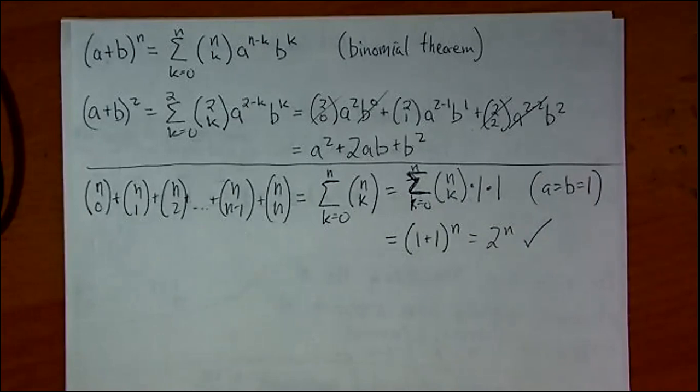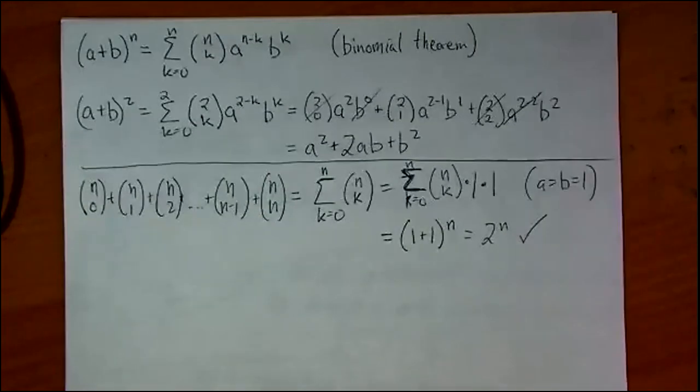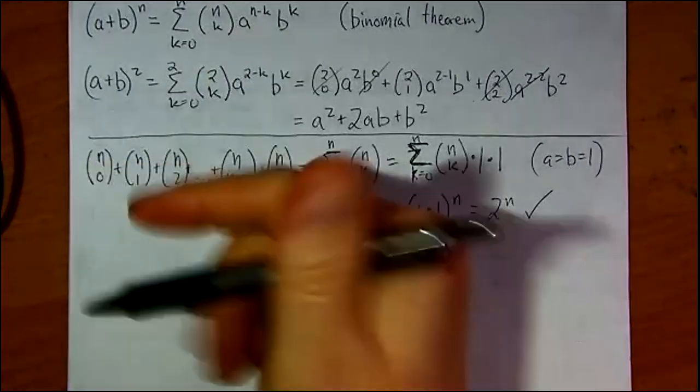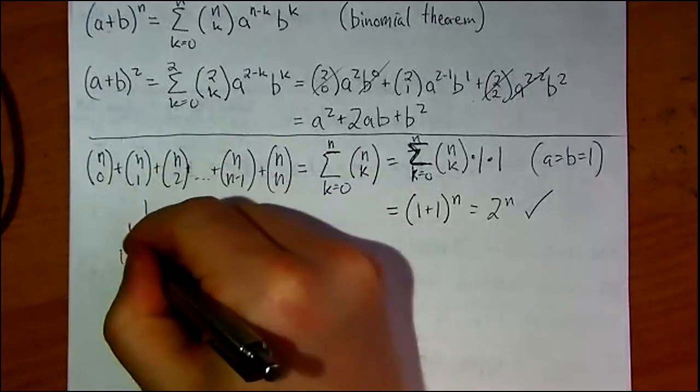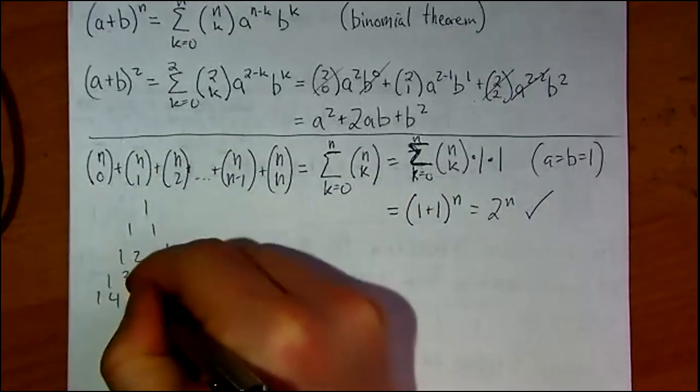Right? What is this saying about Pascal's triangle? Yeah, each row adds up to 2 to the n, which we can check, right? So if we have 1, 1, 1, 1, 2, 1, 1, 3, 3, 1, 1, 4, 6, 4, 1.